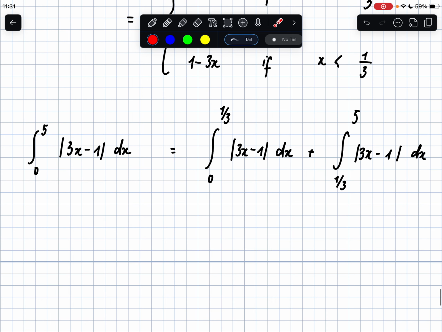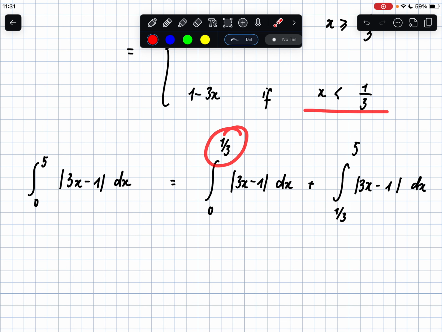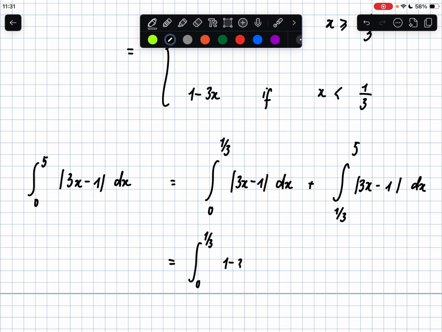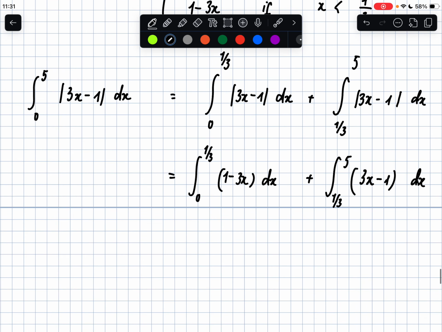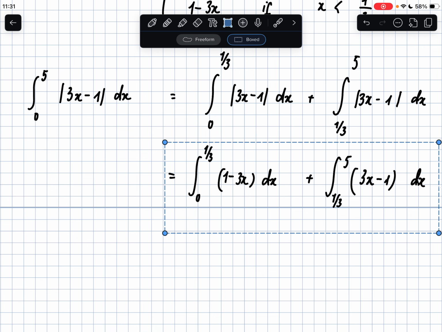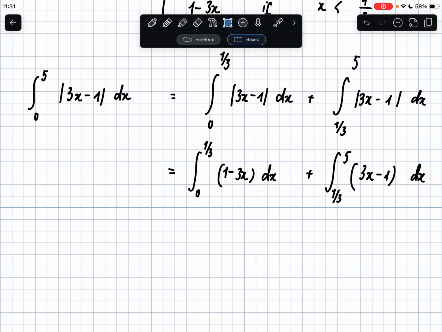And we know that when x is less than 1/3, this absolute value is 1 minus 3x. So 0 to 1/3, 1 minus 3x dx. And the second one, 1/3 to 5, 3x minus 1 dx. Now we compute that separately.